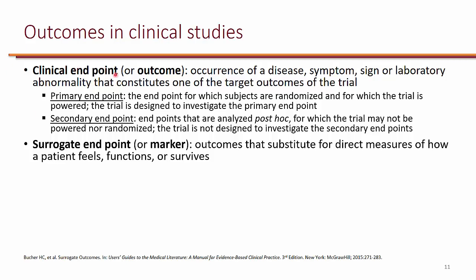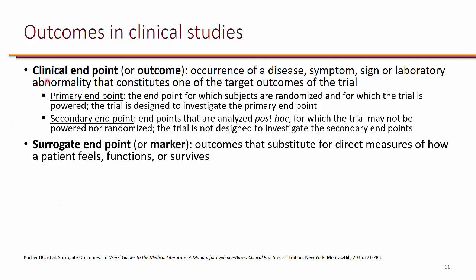So generally speaking, clinical endpoints are things that are important to patients and clinicians, things like mortality. Surrogate endpoints are things that are less important to patients, but they are basically a substitute for those important outcomes.